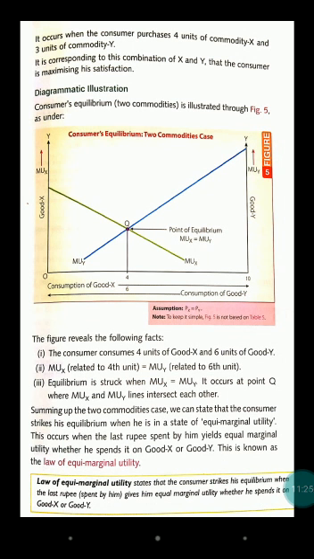Summing up the two commodity case, we can state that the consumer strikes his equilibrium when he is in a state of equimarginal utility. And what is equimarginal utility?